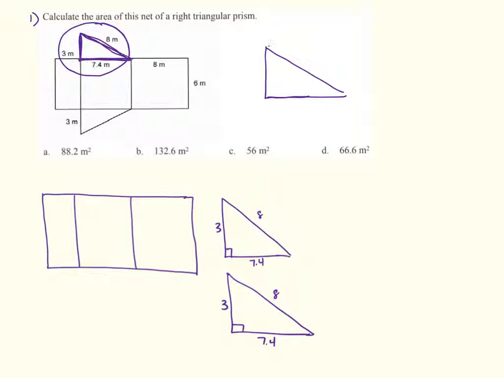If I were to draw this as a 3D image and fold it up into a prism, this is what it would look like. So this would be your 3, this would be your 8, this would be your 7.4. Then the height of the prism is this little number out here, which is 6.